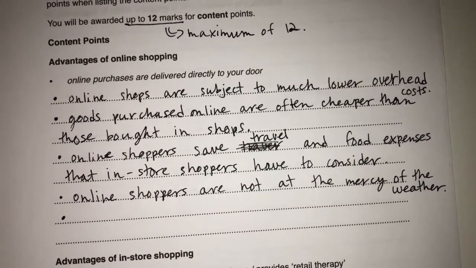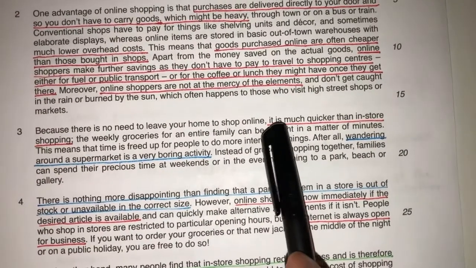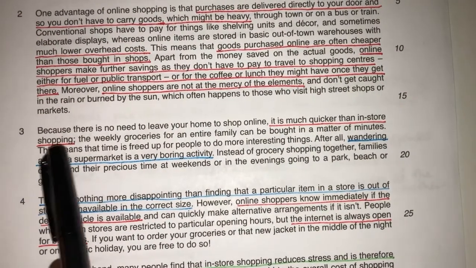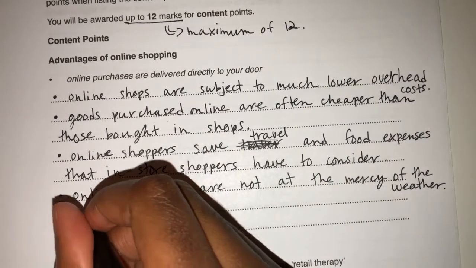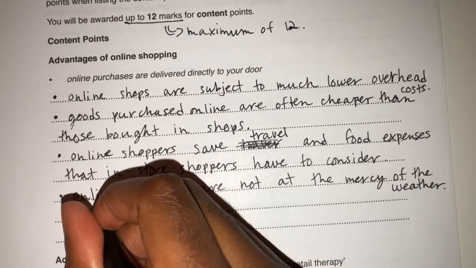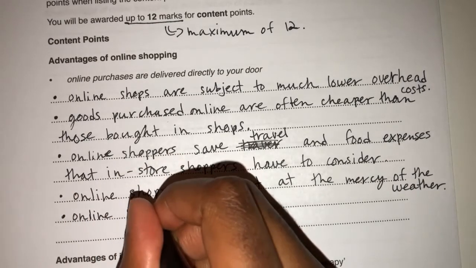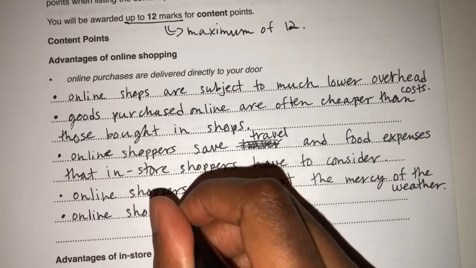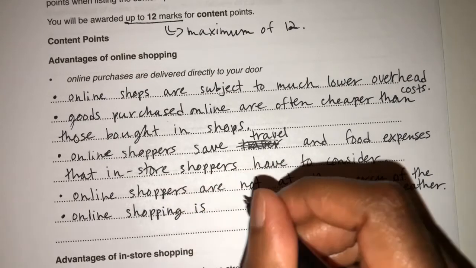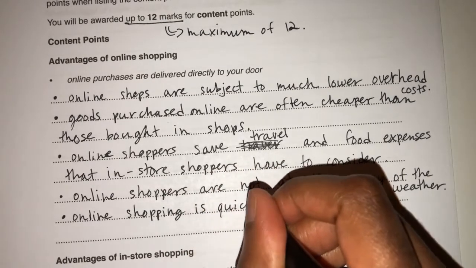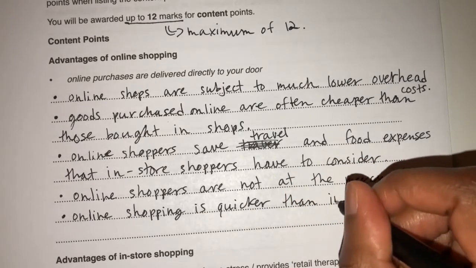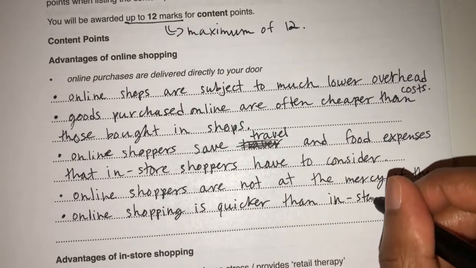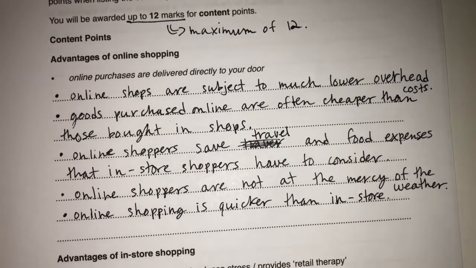Number 5. It is much quicker than in-store shopping. Okay. Online shopping is quicker than in-store.